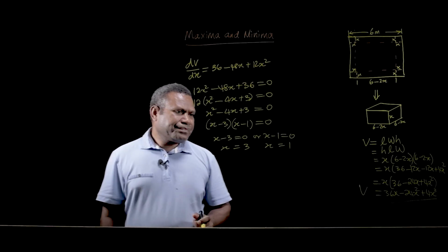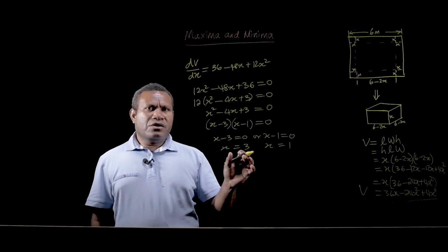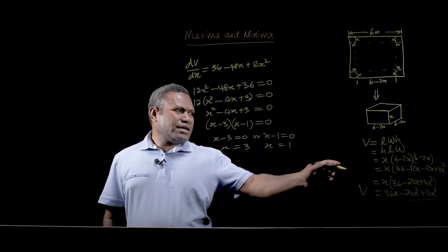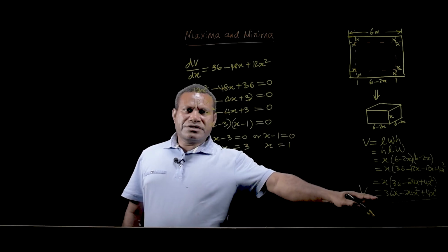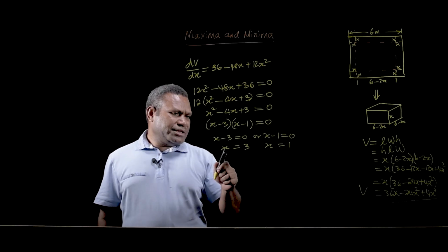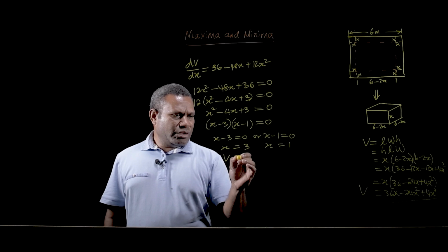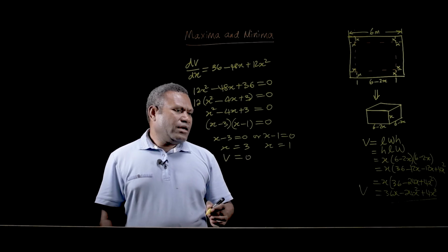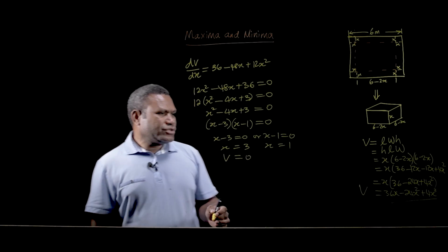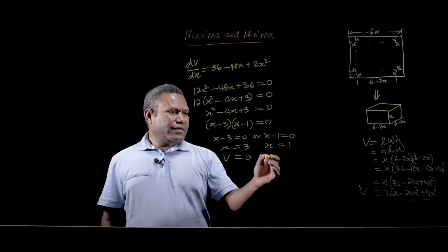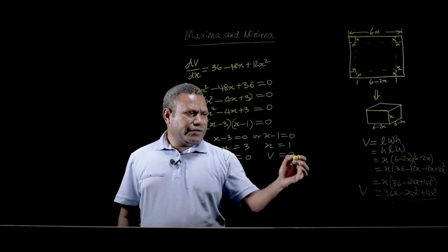Right, so if you want to find a y coordinate or the value of v, then we have to take this and substitute in the volume function here. So when we substitute x equals 3 in this function here, volume will be equal to 0. If we substitute x equals 1 in this function here, the volume will be 24.